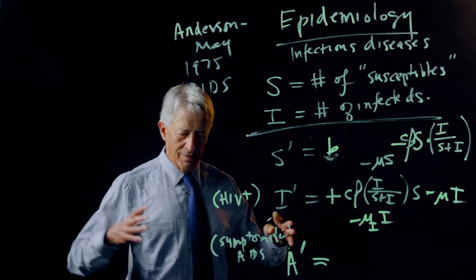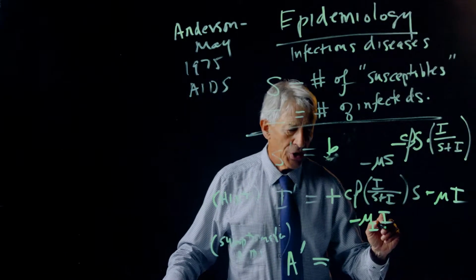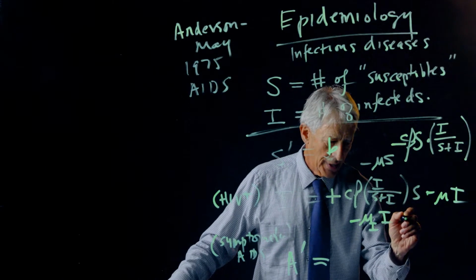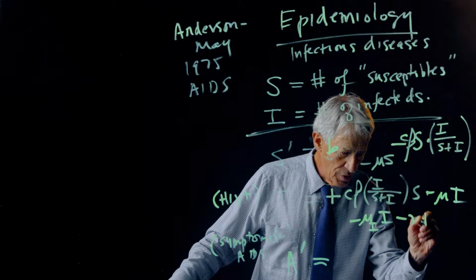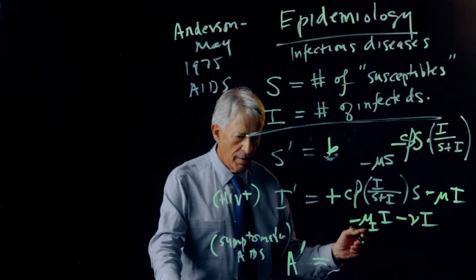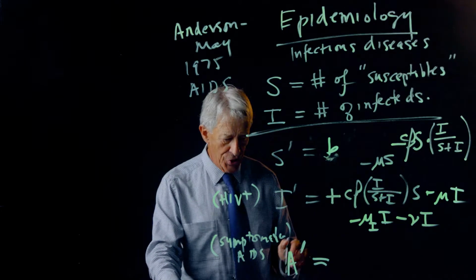And what is that rate going to be? We're going to call it nu, the Greek lowercase nu. So this now gets another nu I. And these are people leaving I for A at a rate nu.